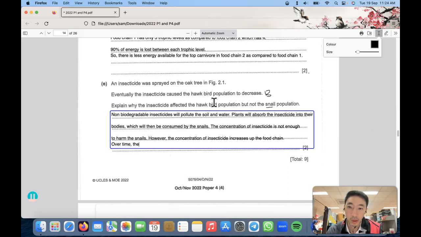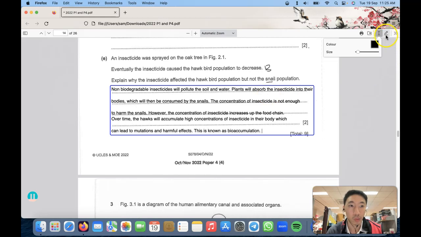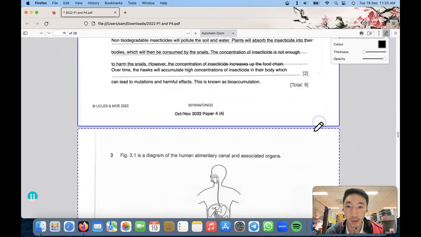Over time, the hawks will accumulate large, high concentrations of insecticide in their body, which can lead to mutations and harmful effects. This is known as bioaccumulation. Alright, so quite long for 2 marks, but yeah, you have to do it.